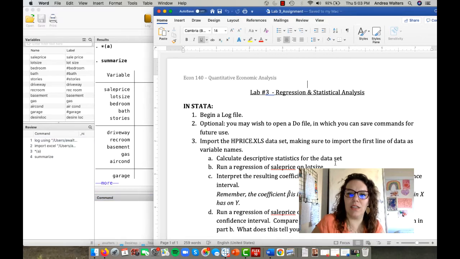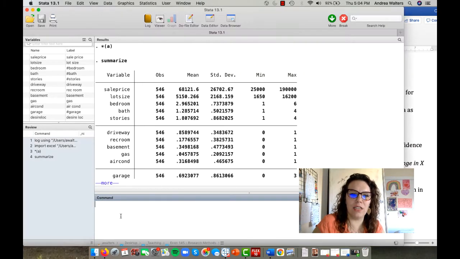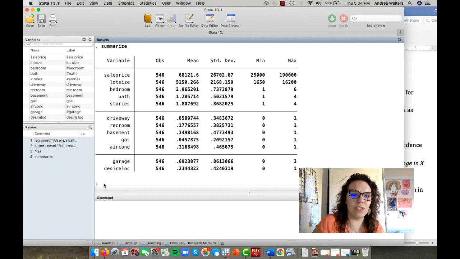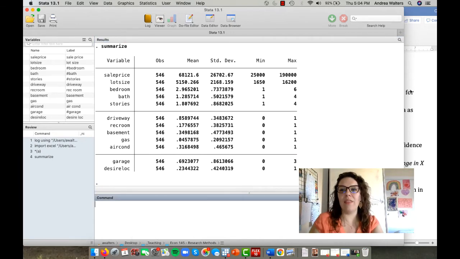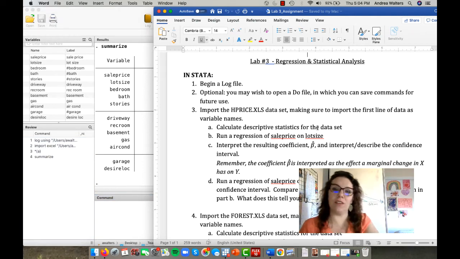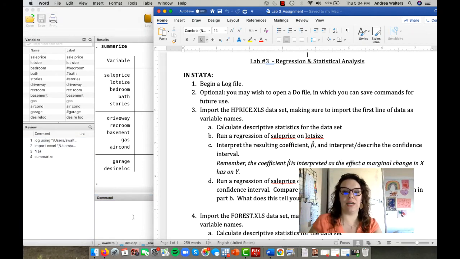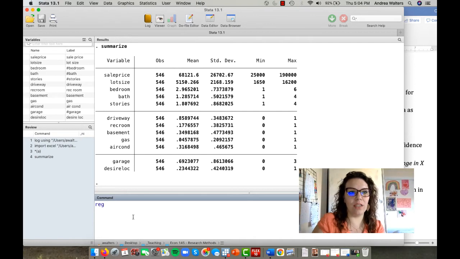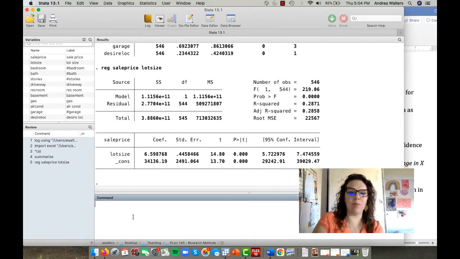So I've got the descriptive statistics for all of the data. When that more comes up, it just means it's not done calculating all of our summary statistics. Then the next thing I want to do is run a regression of sale price on lot size. So I can do reg sale price lot size, and get my results.